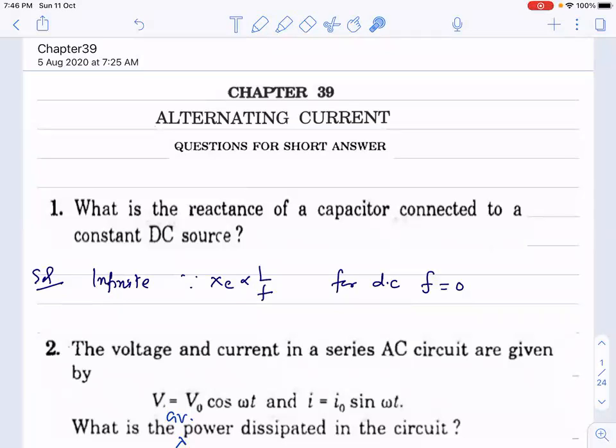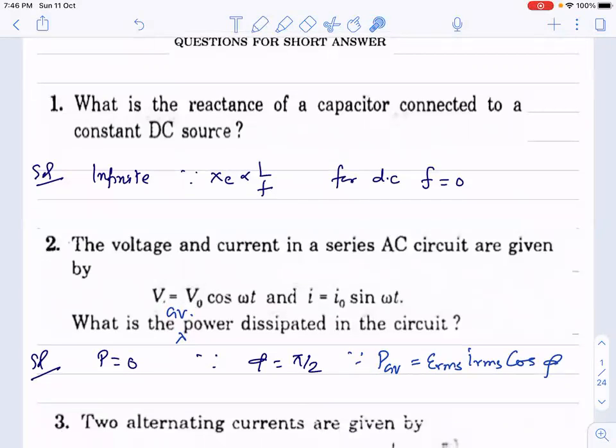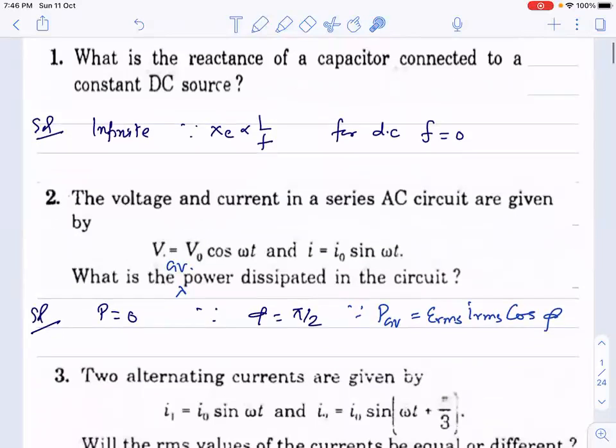Next one is question number 2. The voltage and current in a series AC circuit are given by this relation. One is a cosine function, the other is a sine function. What is the average power dissipated in the circuit?